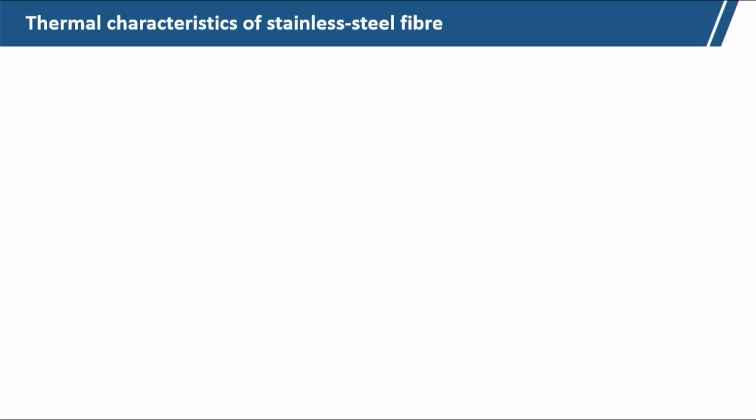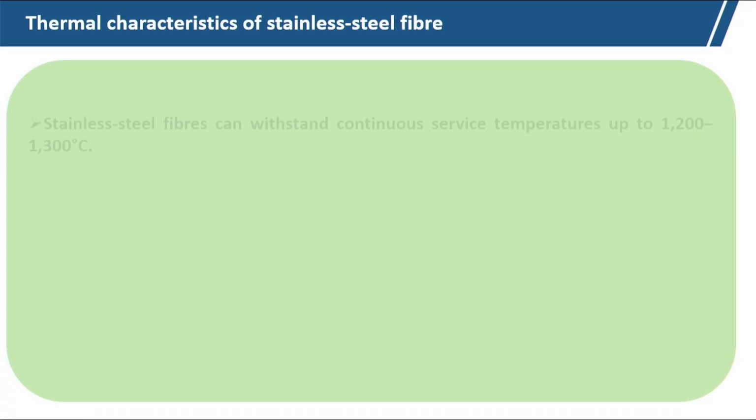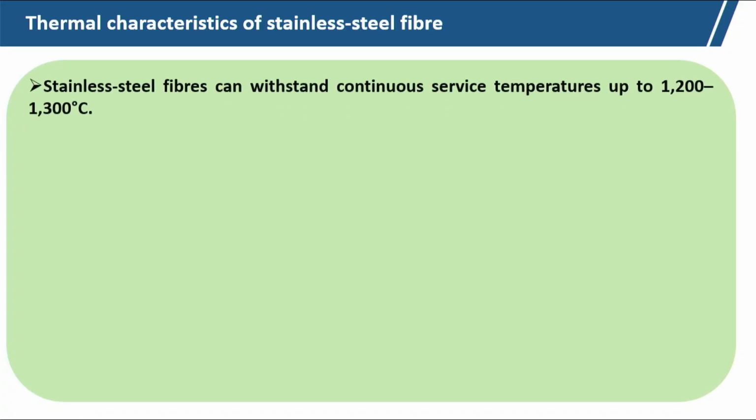Now, let us see the thermal characteristics of stainless steel fibers. Stainless steel fibers can withstand continuous temperature of about 1200 to 1300 degrees Celsius. So, for very high temperature applications we can use this stainless steel fiber without any degradation.